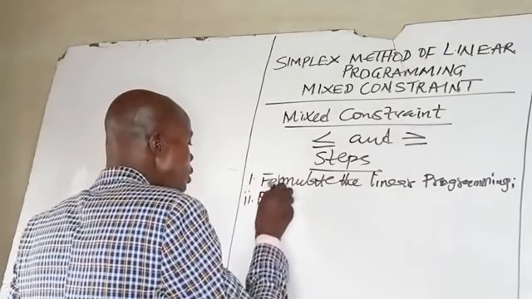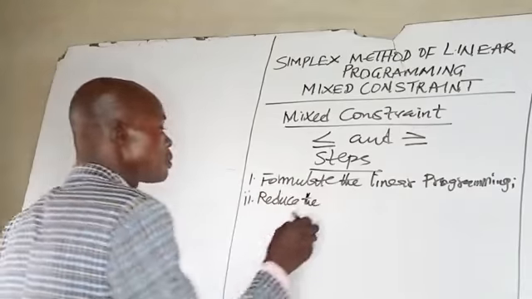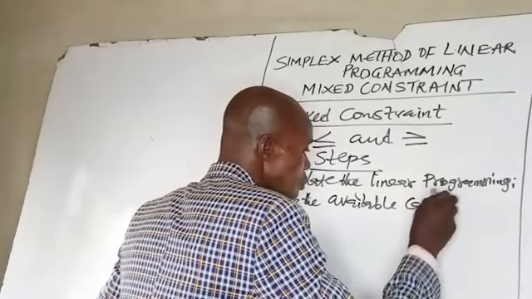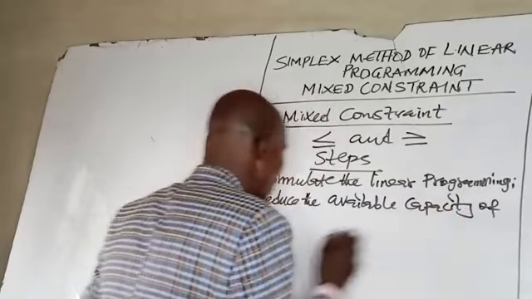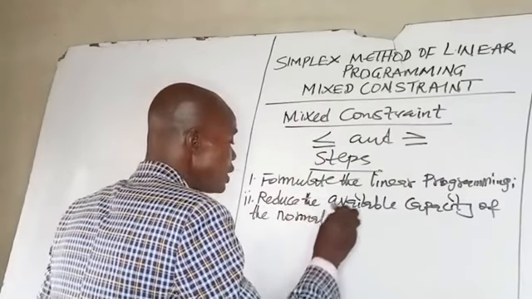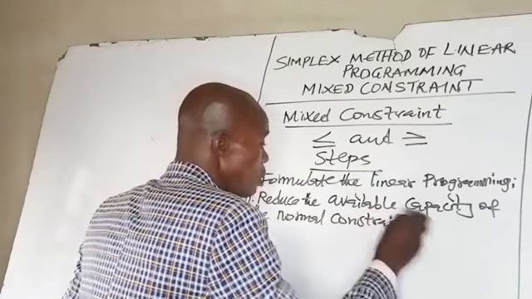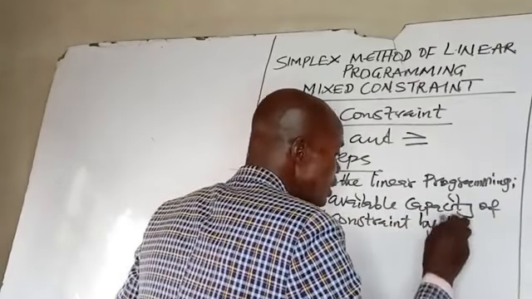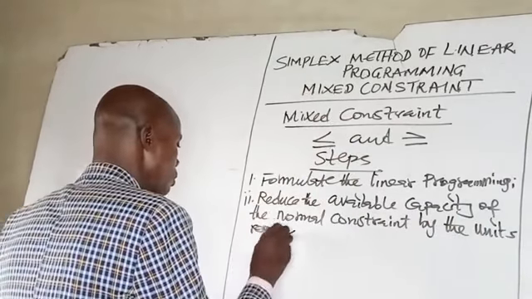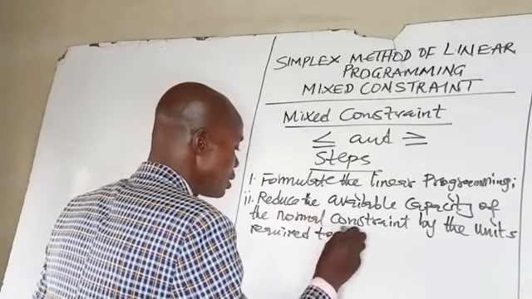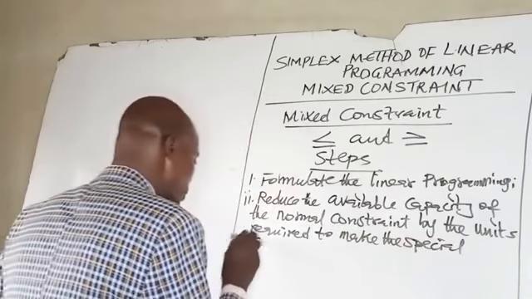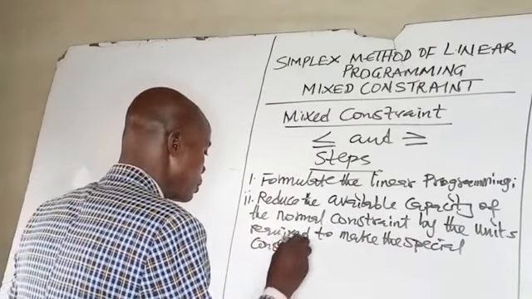Reduce the available capacity of the normal constraint by the units required to make the special constraint product.